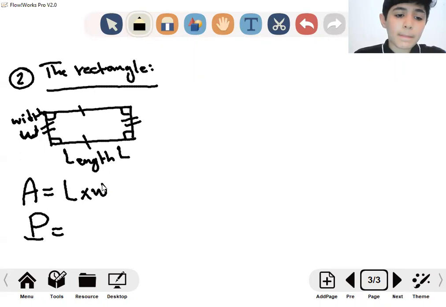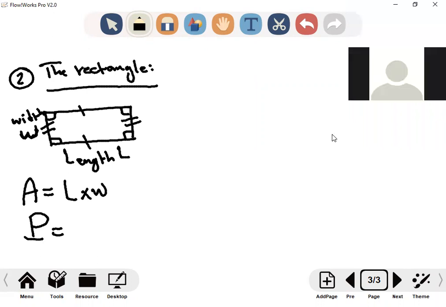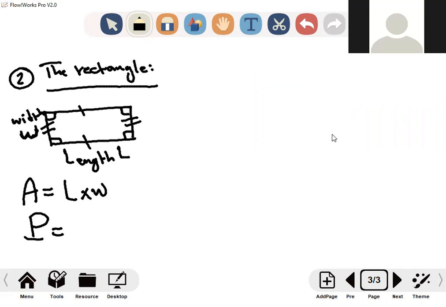Fine. Who can tell me what is the perimeter of the rectangle? We took it before, guys. Who can tell me, guys? Put your hands.